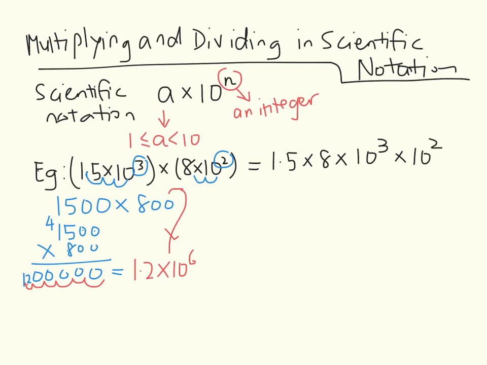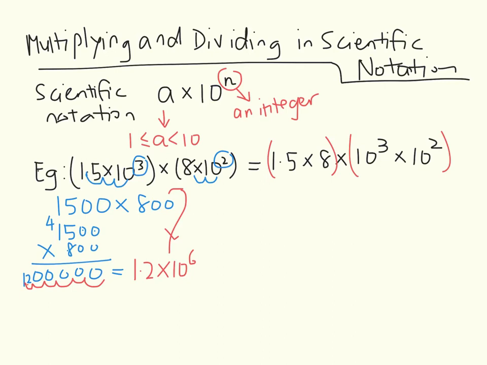We can rearrange because of the commutative property of multiplication. From here we can group the two numbers: 1.5 times 8, and 10 to the third power times 10 squared. We are applying the associative property of multiplication to simplify this expression.